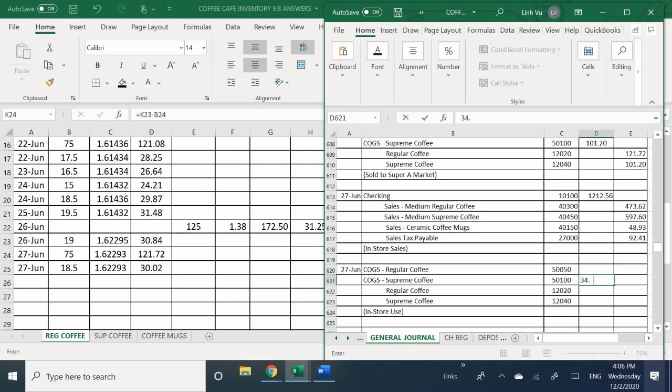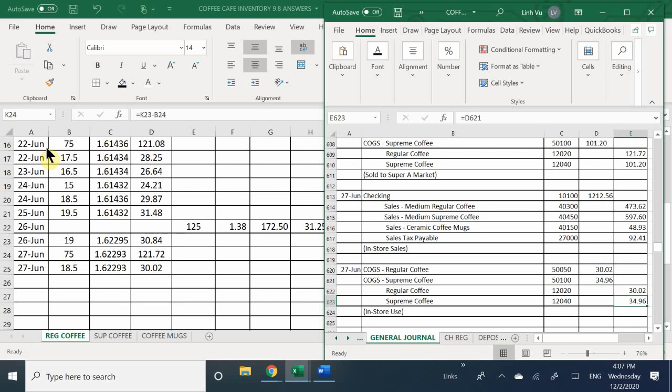I did the Supreme first because that's what we were on, and I had that number in my head. Good. Just making sure I write in the right one. And regular coffee was 30.02. Yep. In-store use.